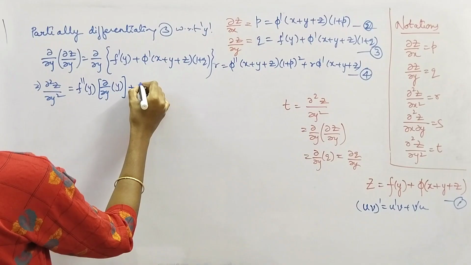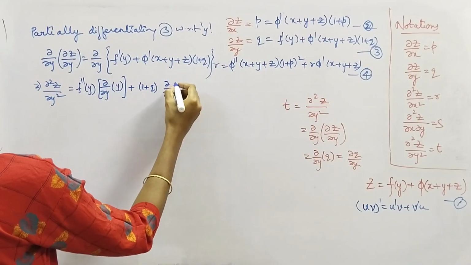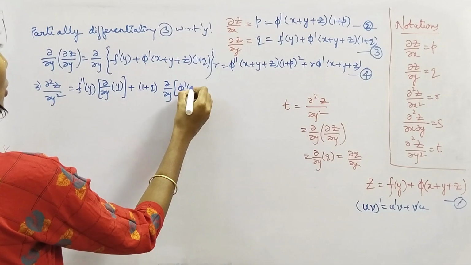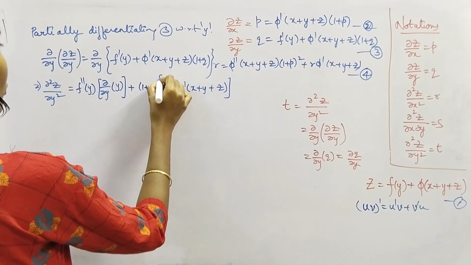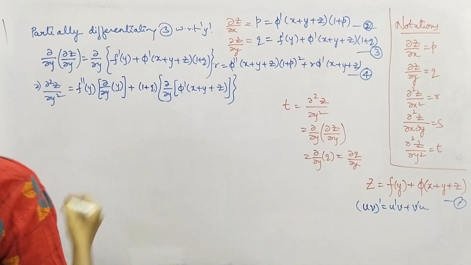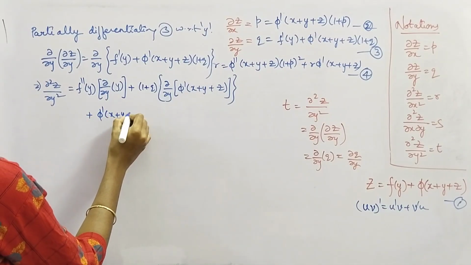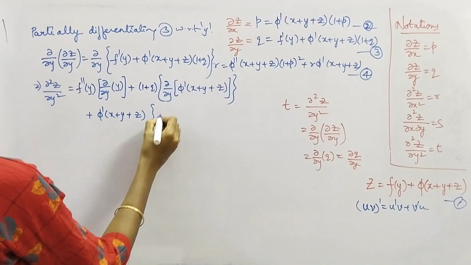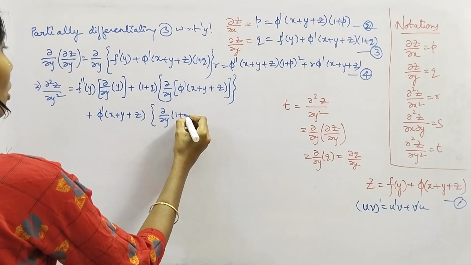We'll get (1+q) into ∂/∂y of φ'(x+y+z), plus φ'(x+y+z) into ∂/∂y of (1+q).